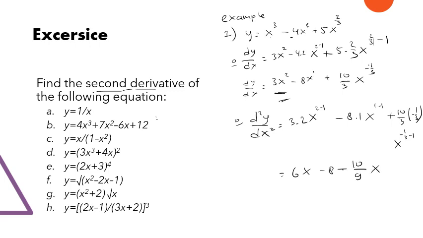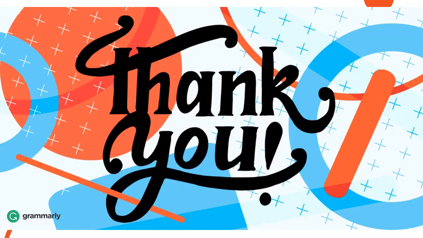So this x^(minus 1/3 minus 1) is x^(minus 4/3). So this is the second derivative. Okay, so you have to find the first derivative first and then derive it again. Okay, so this is the end of the first part.